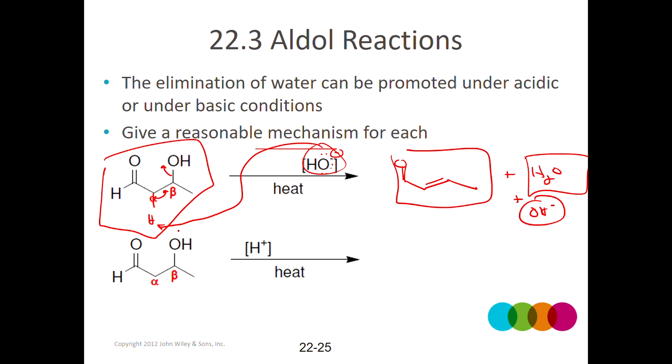If I have an acid, it's going to be a two-step process. This is going to pick up a proton, making a good leaving group. That'll leave. Actually, it's a three-step process. Create a carbocation.